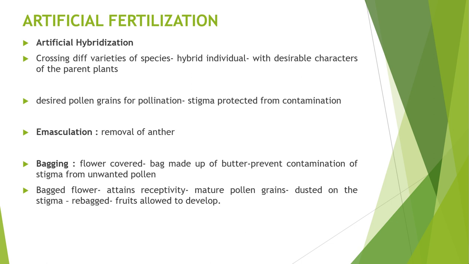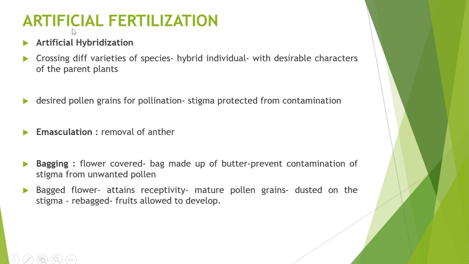Plant breeding means crossing of plants to improve the breed of the plants. This artificial hybridization is carried out in some steps.